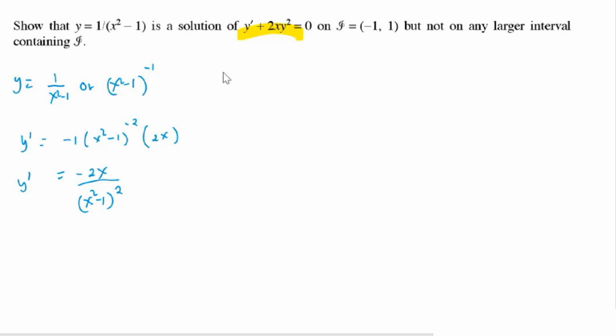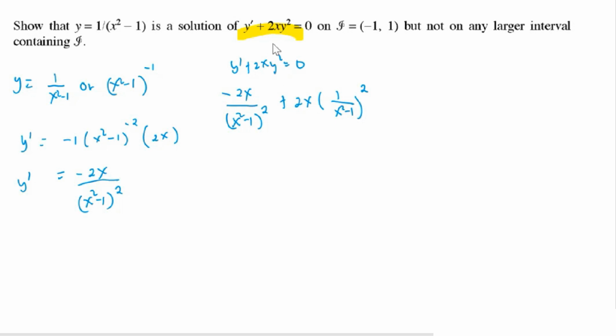So y prime is negative 2x over x squared minus 1 to the power of 2, plus 2x times the value of y, which is the original given, 1 over x squared minus 1, and this is now raised to the power of 2.